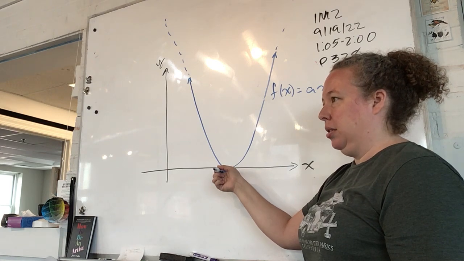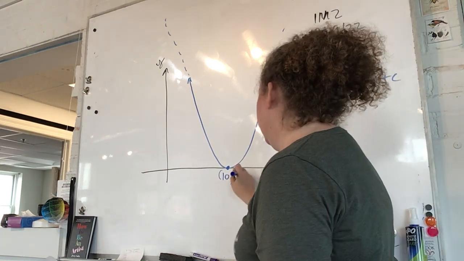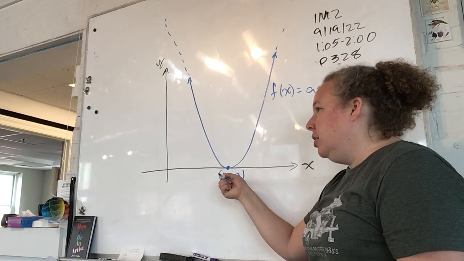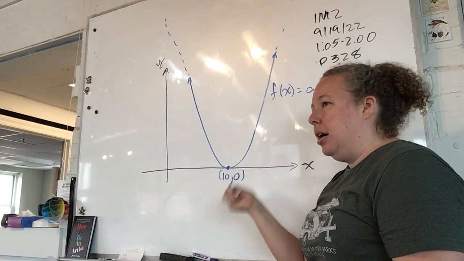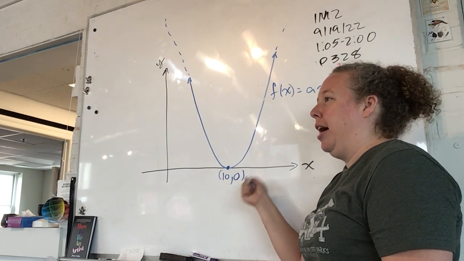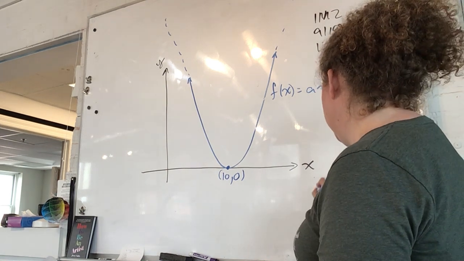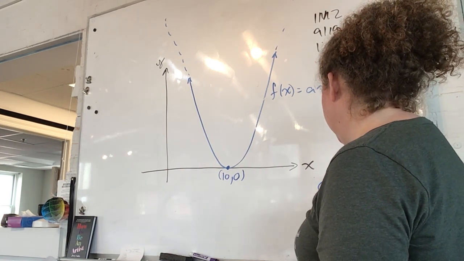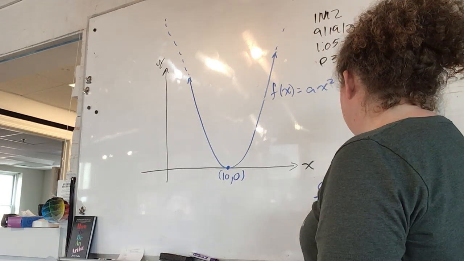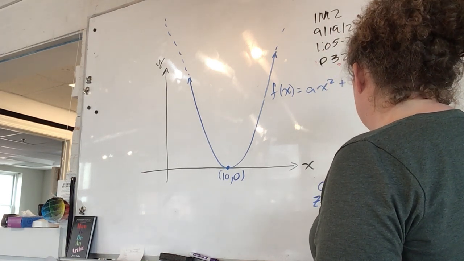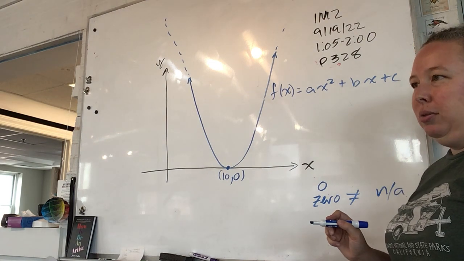And if so, what is it? 0. Yeah. So actually, 0 does count as a value. There's a difference between the number 0. So 0 is not the same thing as NA, or does not apply.